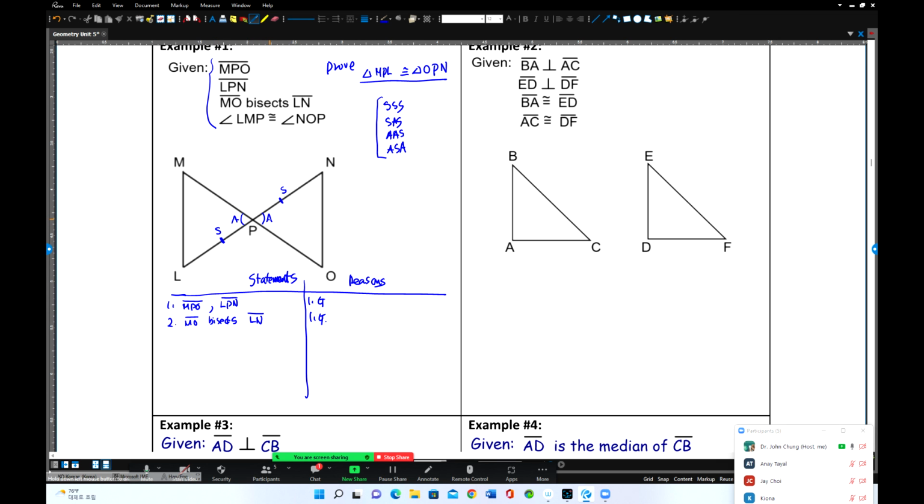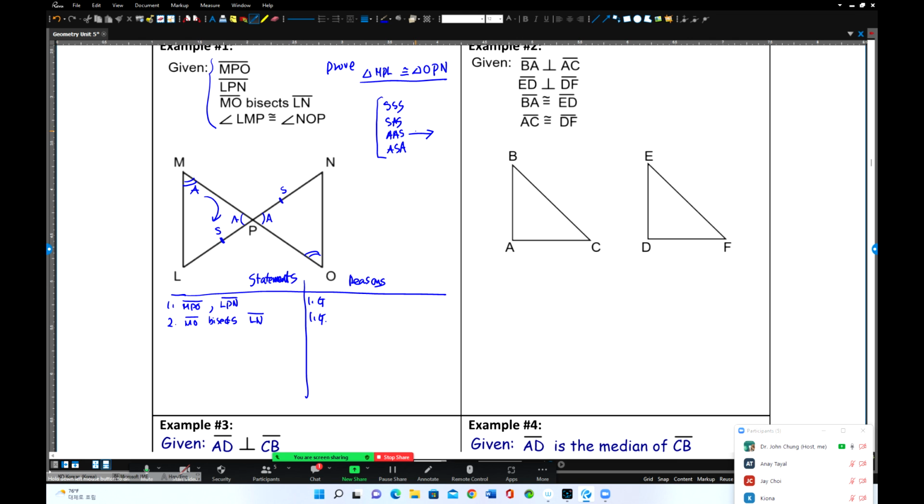We got one angle. Angle LMP is given, right? This angle and the NOP angle. Can you see that? Angle, side. Follow the order, right?